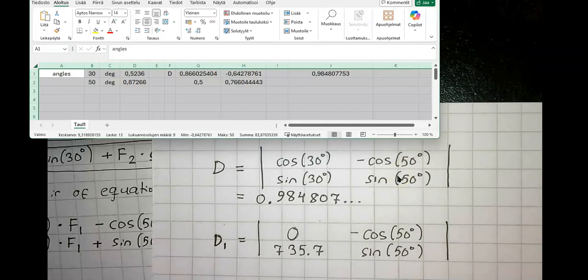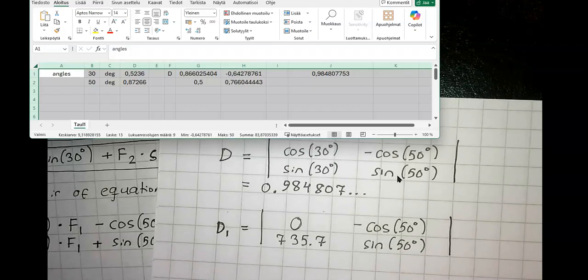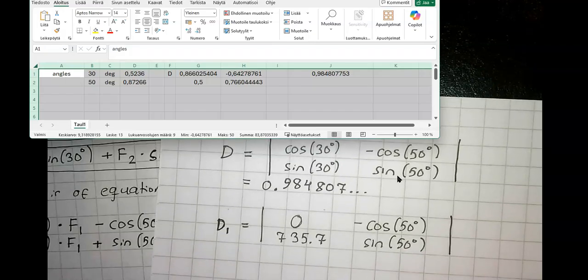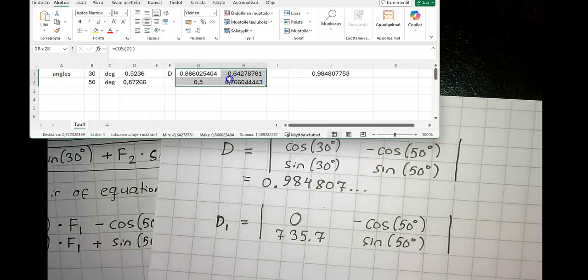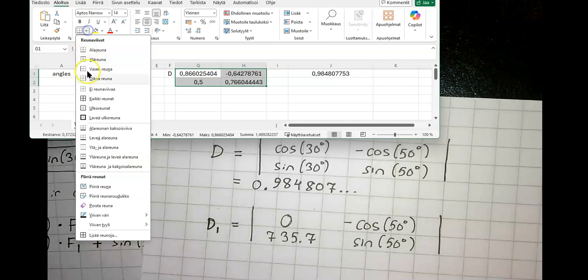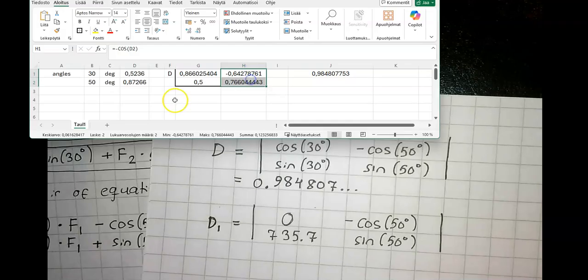So in Excel I necessarily do not need to again write any cosines or sines there. I only can pick those values from that determinant above. So here is the first determinant, and I will take these values or copy these values from here.